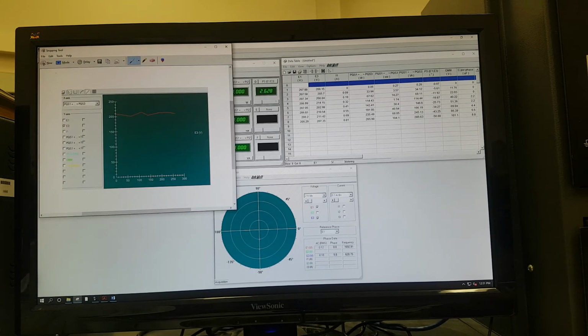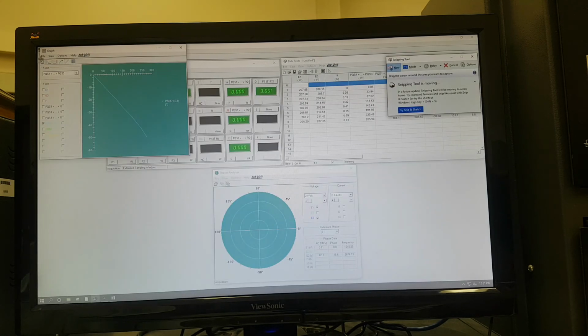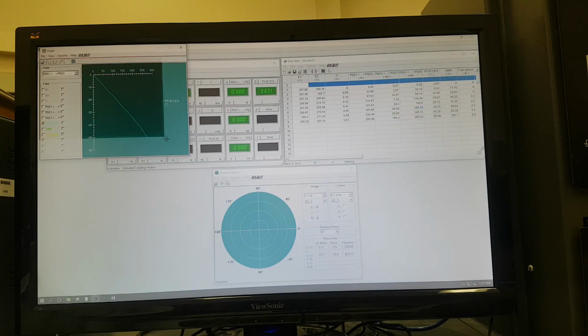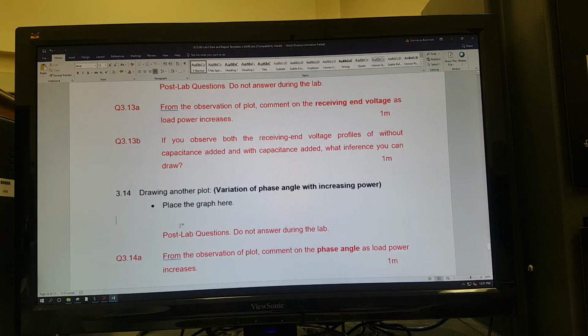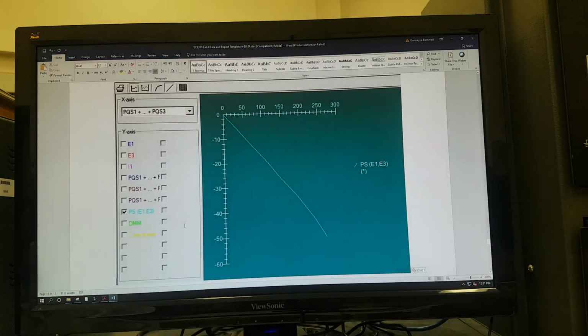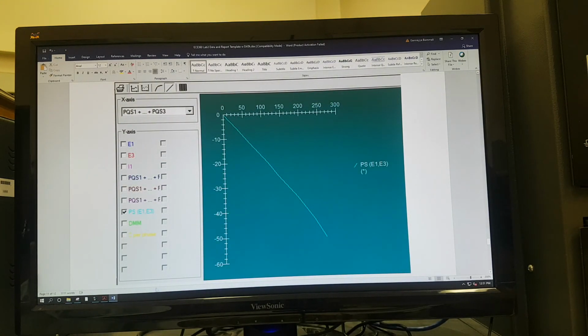Let me copy this before the video gets too long so that it won't be truncated. I will paste it here, Control V, Control S.